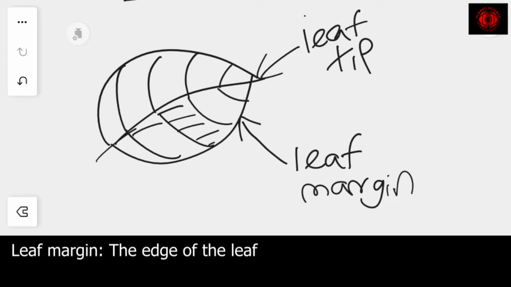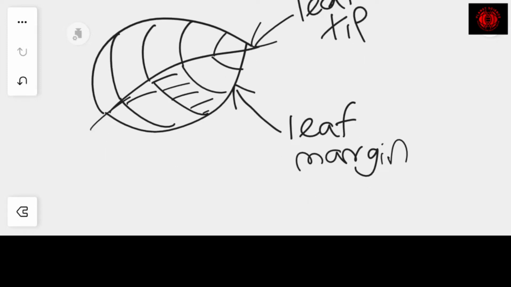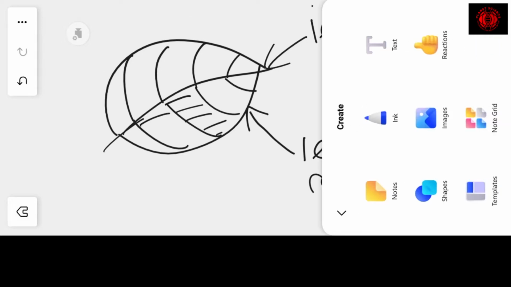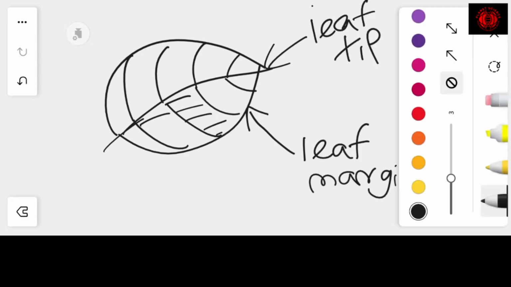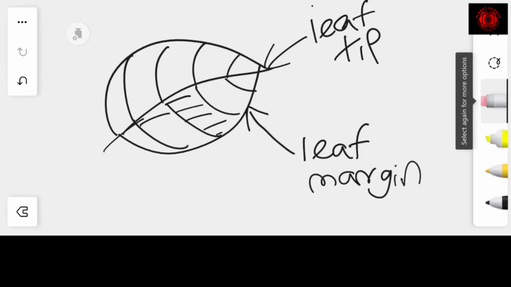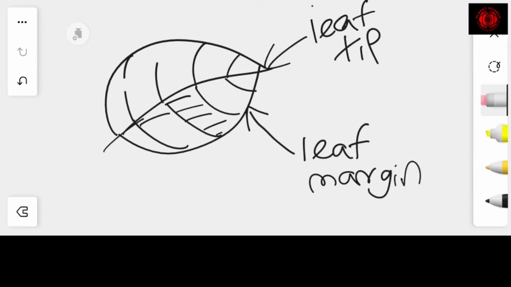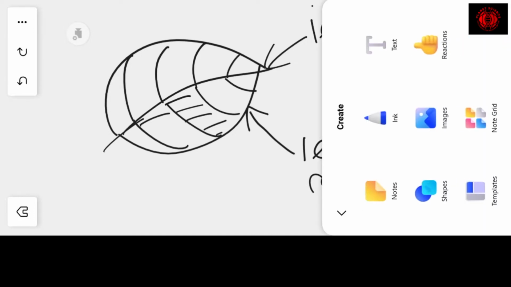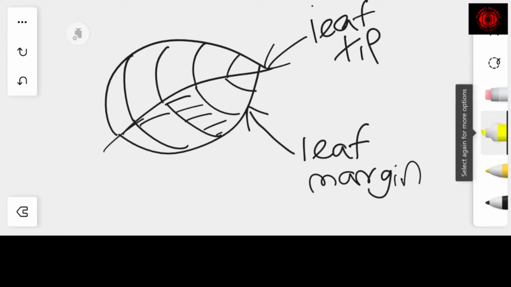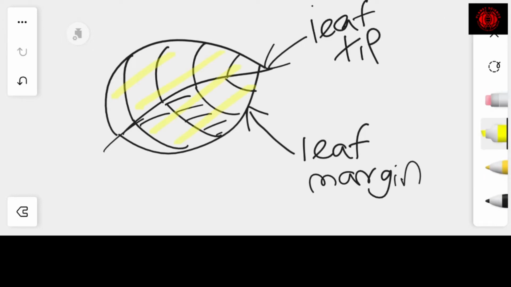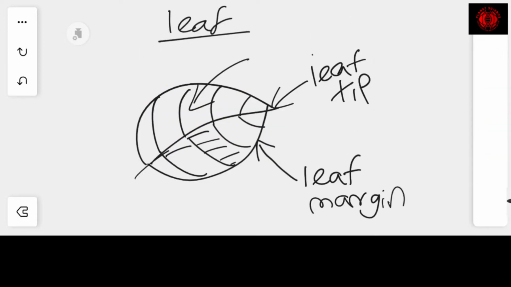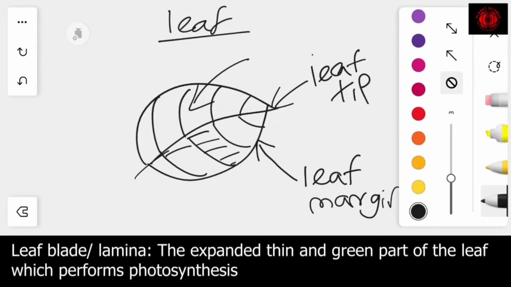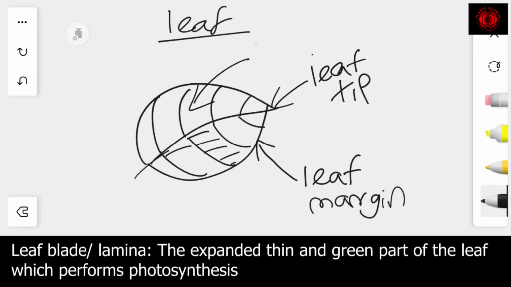And this whole leaf area, with the veins, leaf tip and leaf margin, we can identify and name as the lamina.